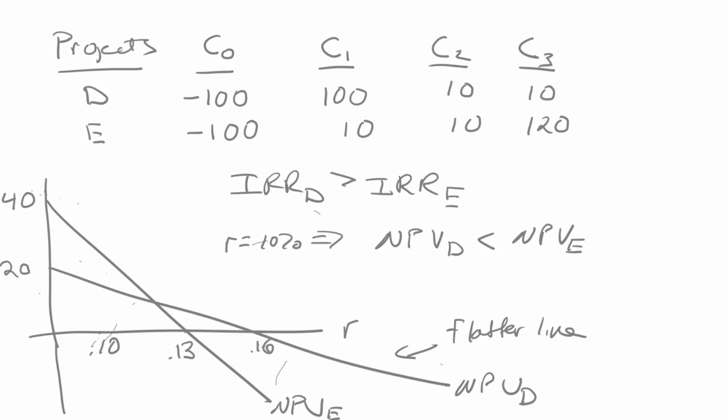You don't necessarily have a new Project D coming along at time 1. Another way to think about this is Project E is being unfairly penalized by being a long-term project. So if discount rates are 16%, yeah, this 120 way out here, that looks pretty bad. But if discount rates are only 10%, then you don't care.